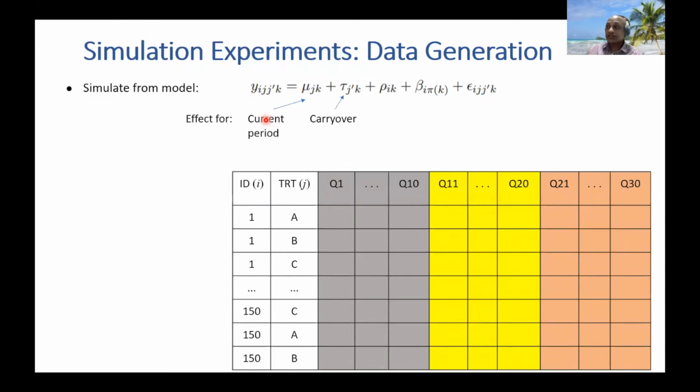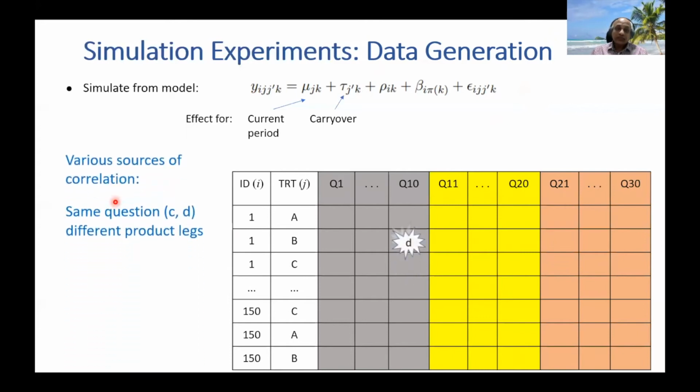In addition to these 2 fixed effects, we also consider 3 potential correlations through the use of 3 random effects. These 3 potential correlations are the following. Same panelist answering the same questions for different product legs.